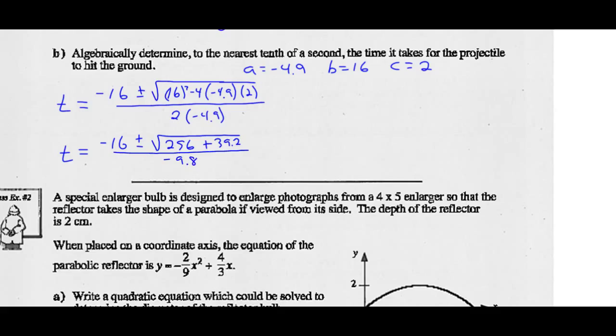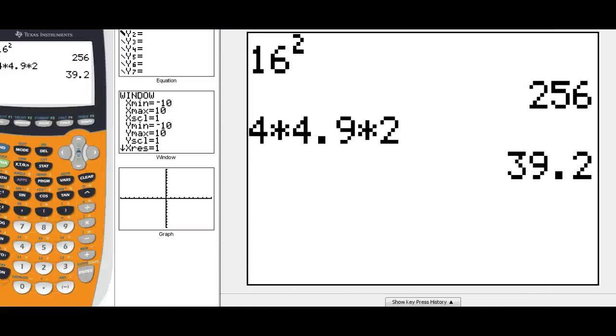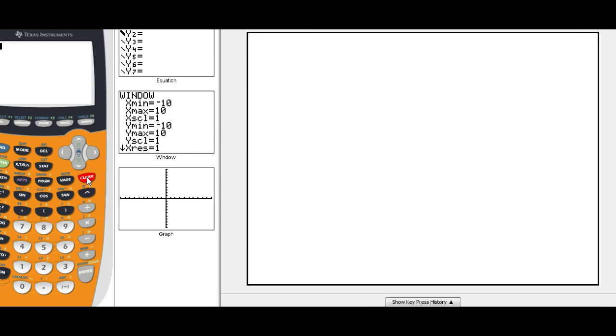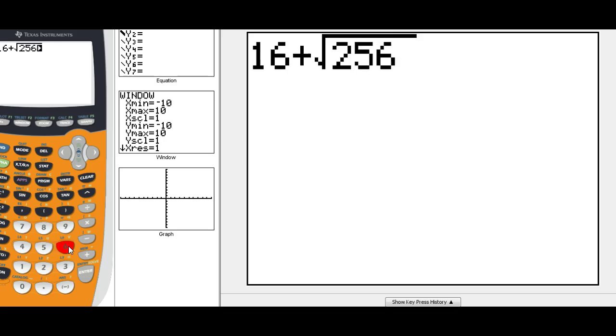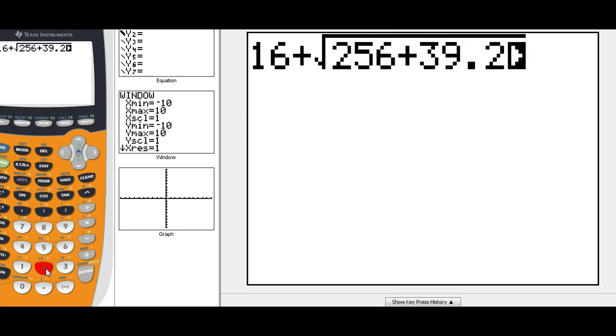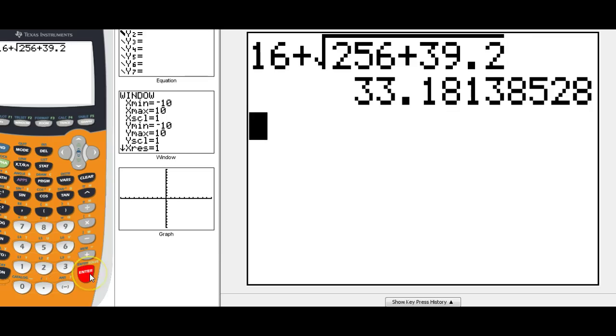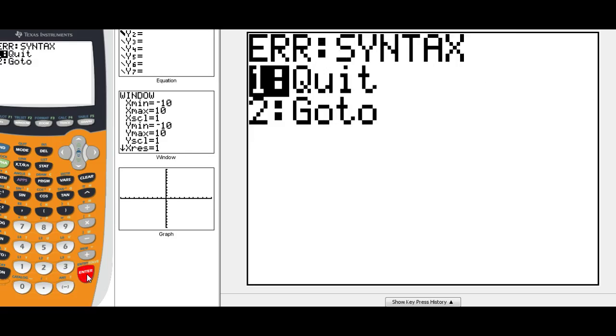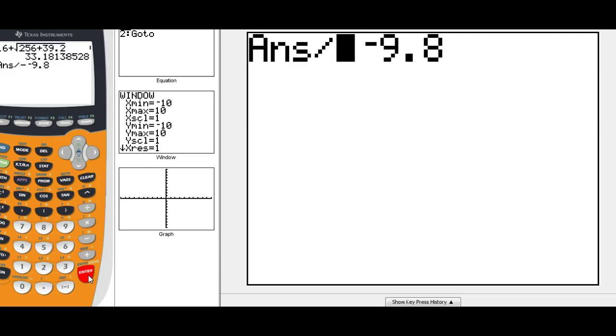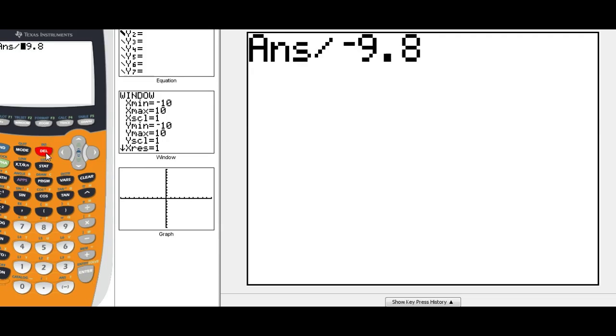All right, so let's calculate t. Let's use our calculator. Negative 16 plus the square root of 256 plus 39.2, and divide that by negative 9.8.